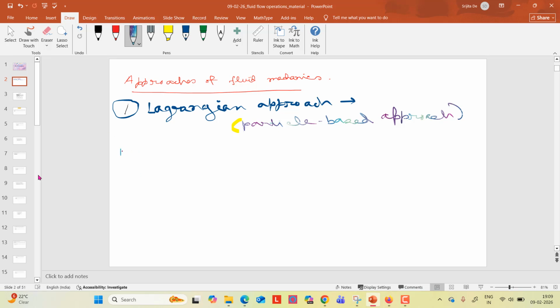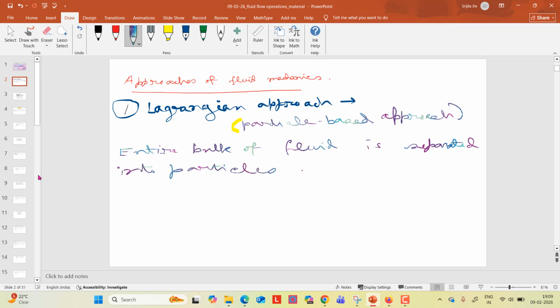So what happens is that the entire bulk of fluid is separated into particles. There is no internal motion between the particles and the continuum property is valid.